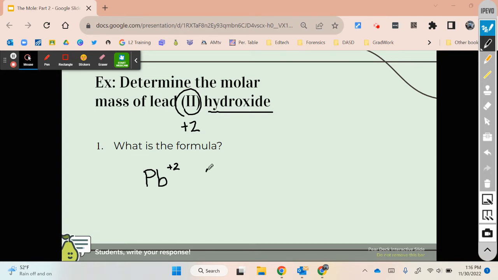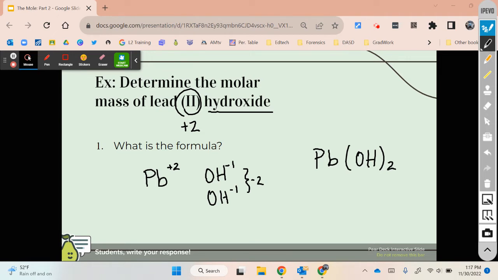It is instead a polyatomic ion, OH, and it has a -1 charge. So +2 and -1 do not cancel out. I'm going to need to bring in another hydroxide. So this becomes -2. Now the charges will cancel out. What that means is my formula is Pb(OH)2.